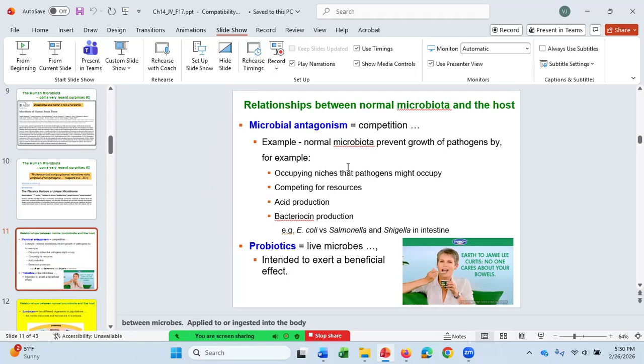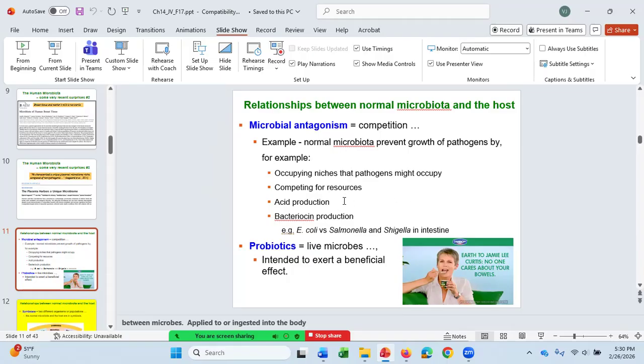And if a pathogen like Staphylococcus aureus were to fall on my skin, it may not be able to get established because it'll fall on top of Staphylococcus epidermidis and then not get any resources or food from my skin. So it could occupy the niche the pathogen might occupy, and then there's no room for the pathogen.